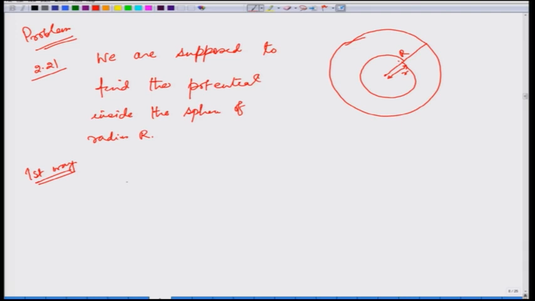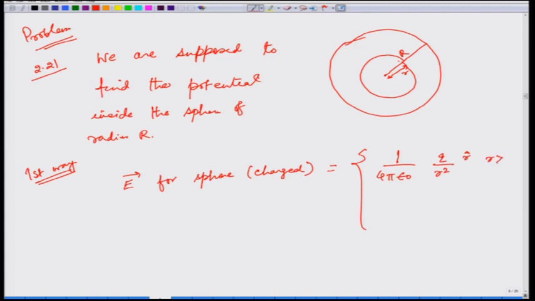I hope that you have done this by now: the electric field due to a solid charged sphere is given as 1 by 4 pi epsilon naught q by r square r cap for r greater than R, and this is 1 by 4 pi epsilon naught q by R cube r for r less than R. So, this is the field due to a uniformly charged sphere.